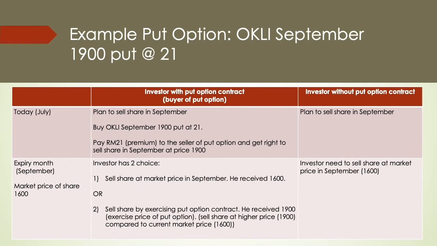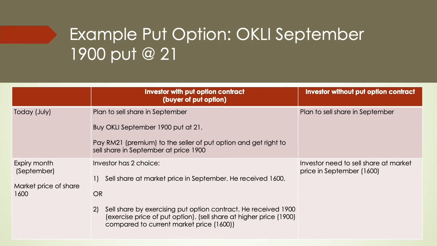When it comes to the expiry month of September, investor with put option contract, he wants to sell his share. So let's say in September, the market price of share is 1,600. So now investor with put option contract has two alternatives, or two choices, to sell his share. He can sell at the current market price, which is at price 1,600, or he can sell the shares by exercising his put option contract.